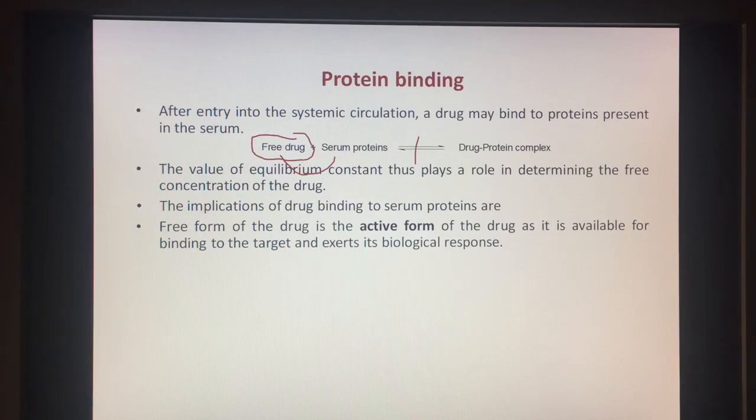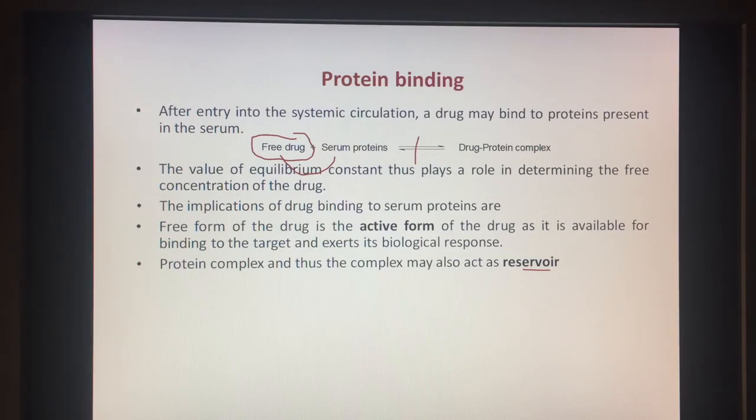Also, this equation infers that the drug protein complex may act as a reservoir of a drug. As the free drug is removed, this drug protein complex dissociates to release the free drug, so it acts as a reservoir.